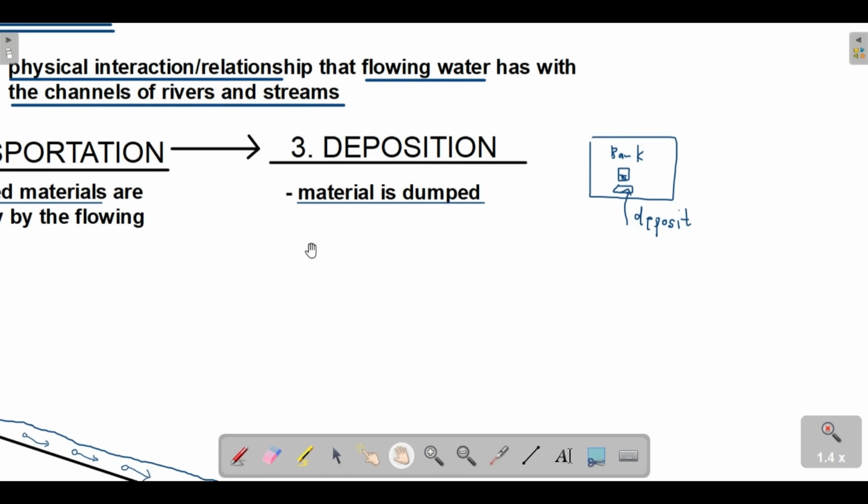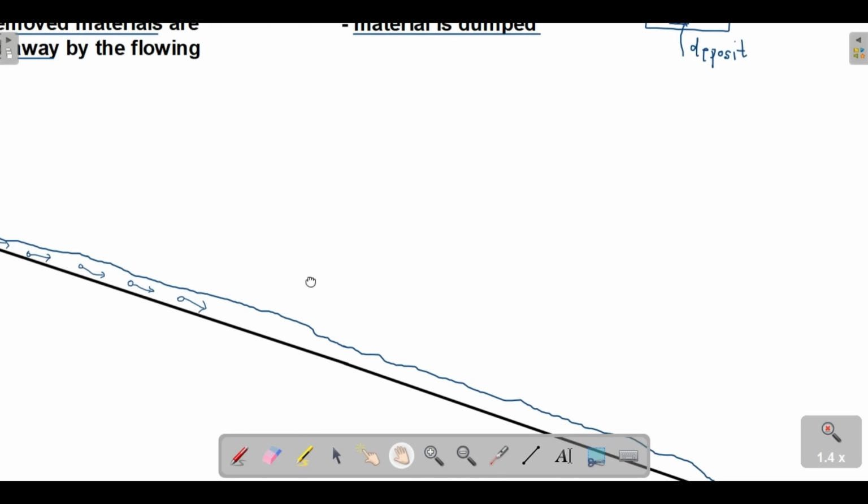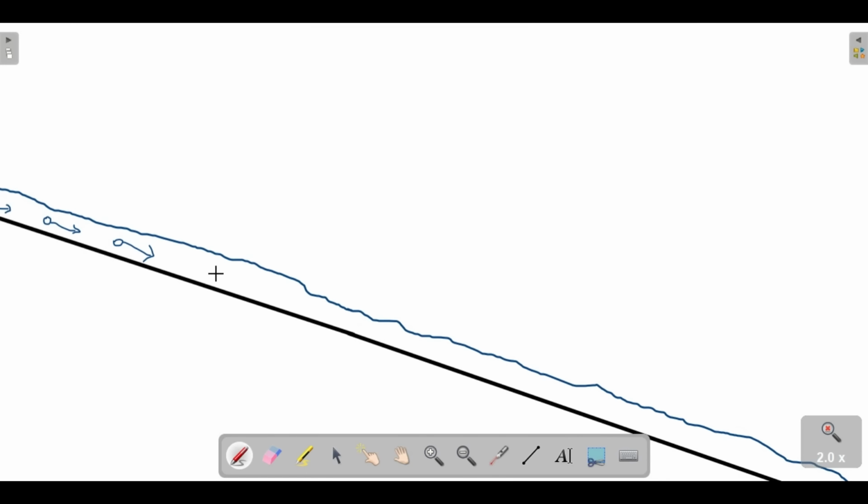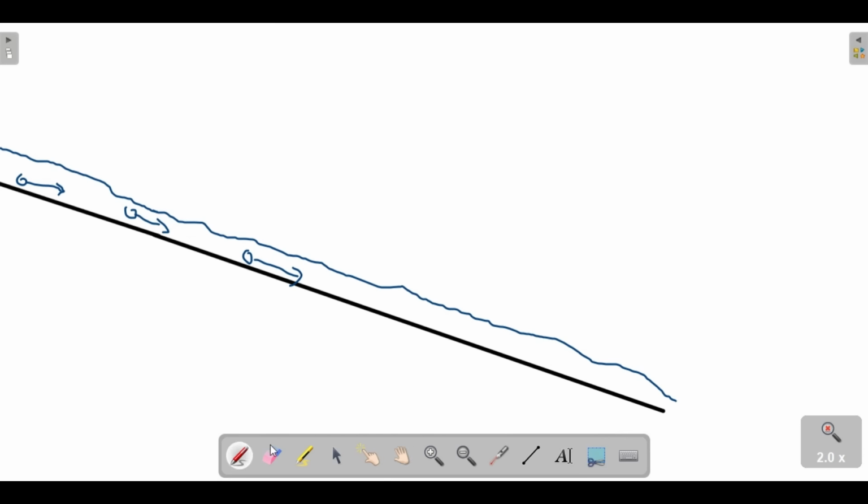And what is being dumped here is that material that was removed from the soil and then was transported. So after transportation, this material will now be dumped. This usually occurs when you have a gentle slope.